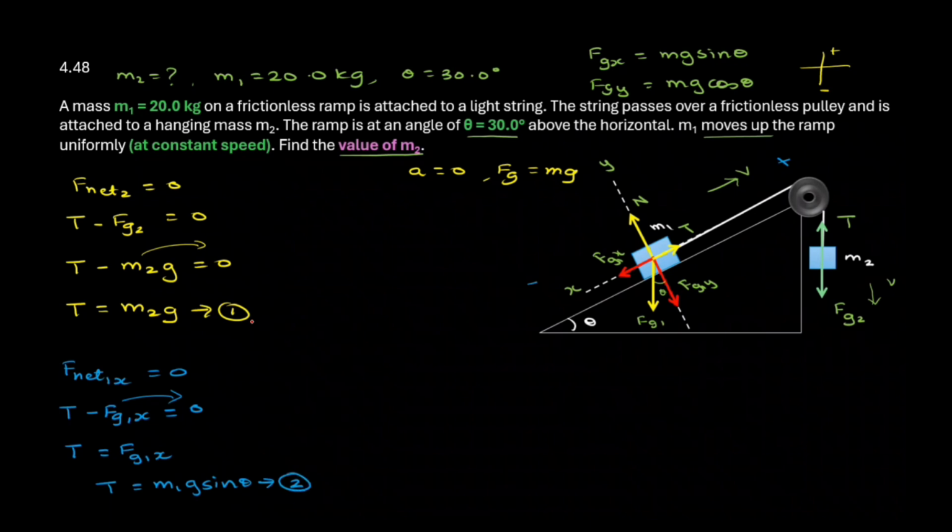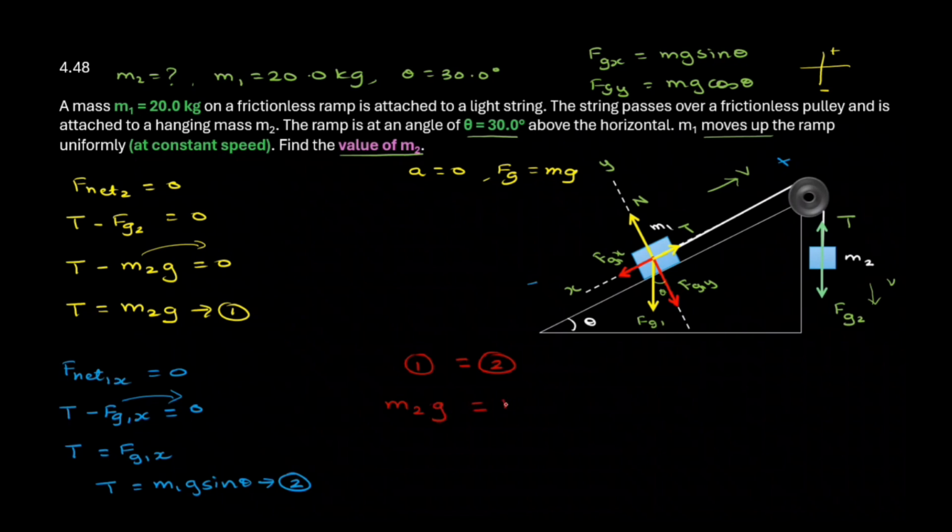Now, if you notice equation 1 and equation 2, both of them are equal to the tension T in the string. And since the left-hand side of both equations are equal, that means the right-hand side has to be equal to each other. So we write equation 1 equal to equation 2 and then substitute the values here. Equation 1 right-hand side is m2g.